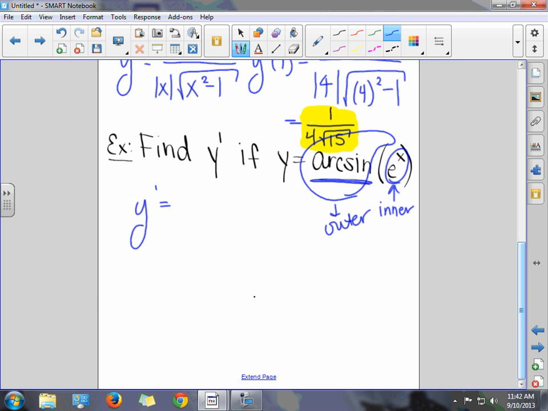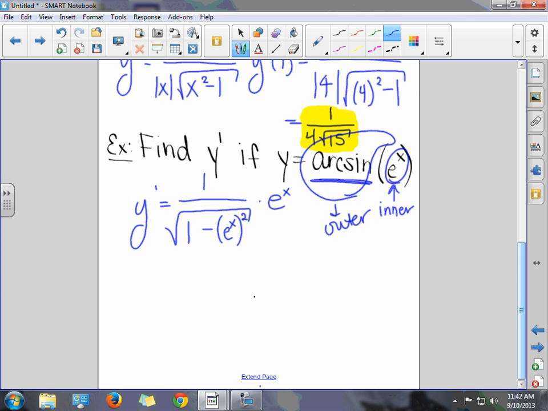The derivative of arc sine is 1 over the square root of 1 minus x squared. My x is not an x, though. It's an e to the x. So I'm going to take e to the x and square it. Now I need to multiply by the derivative of the inside. So the derivative of the inside is just e to the x.